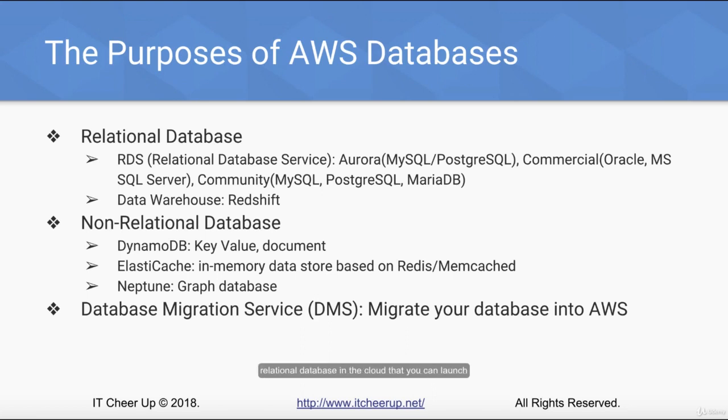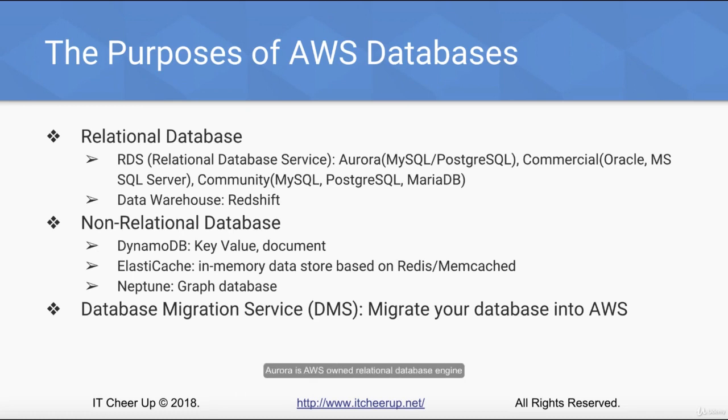RDS is a managed relational database in the cloud that you can launch in minutes with just a few clicks. At the time of this recording, there are 6 database engines on RDS. They are Aurora, Oracle, MS SQL Server, MySQL, PostgreSQL, and MariaDB.